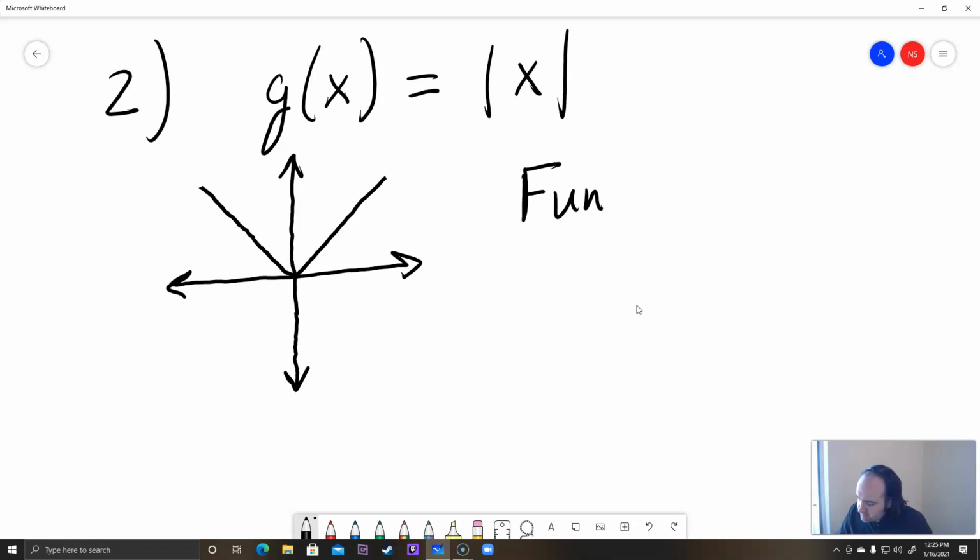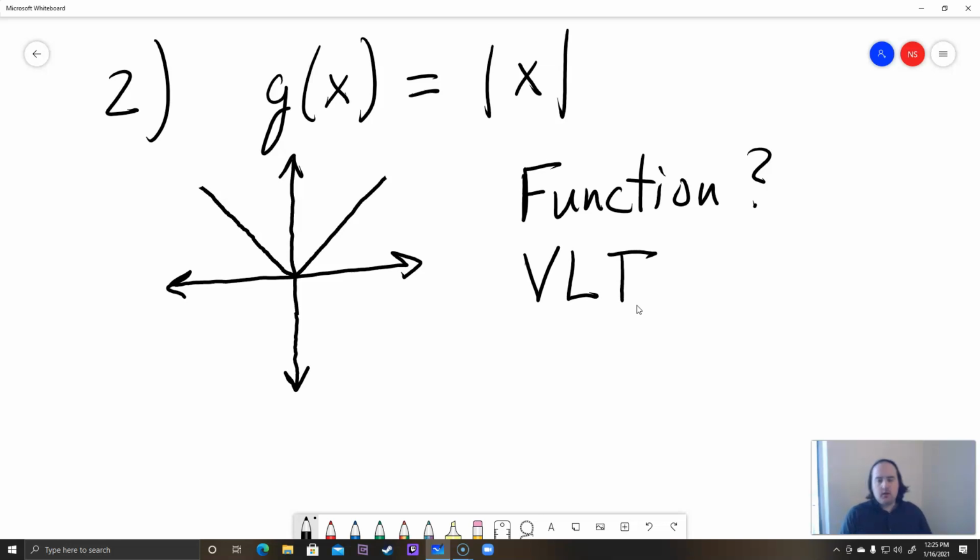Okay, so for this one, let's start with determining whether it's a function. So is this a function? Well, we're going to be using the vertical line test. I'll just call it VLT. Well, any vertical line, or also called the pencil test, I can hold my pencil vertically at each point in the graph, and I need to make sure that my pencil never intersects the graph vertically at more than one point.